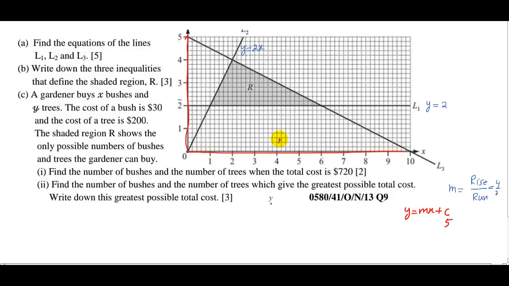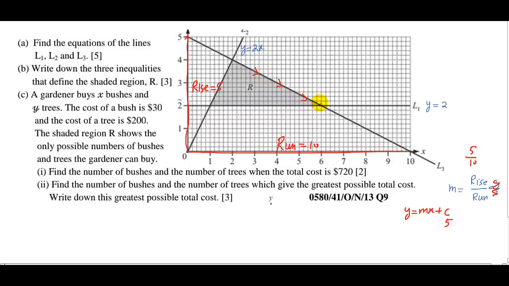The run is 10 and the rise is 5, so rise over run is 5 over 10. And students, this line is coming down.